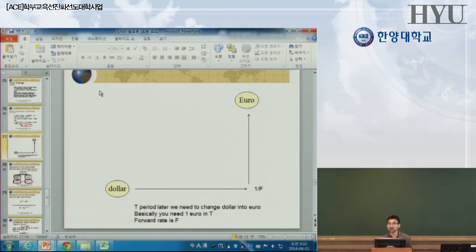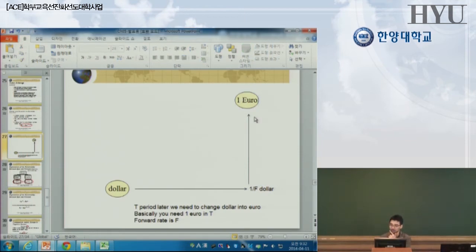Do you follow me? I mean, this is obvious. Therefore you need to have 1 over F dollar at time T, and you can change 1 over F dollar into 1 euro.